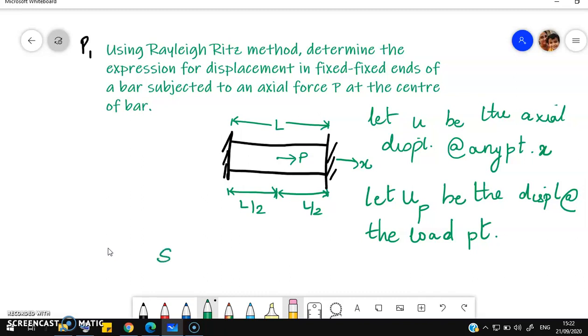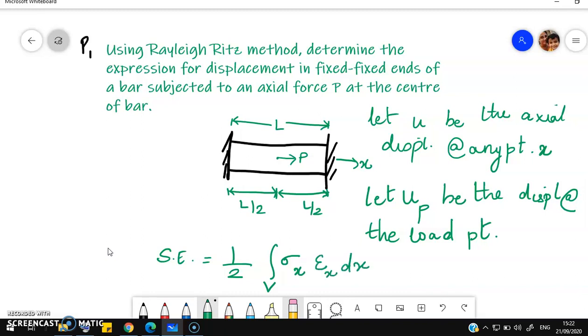Now the strain energy is given by half into integral over volume of sigma, that is the stress, into the strain.